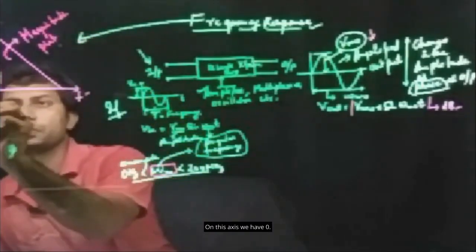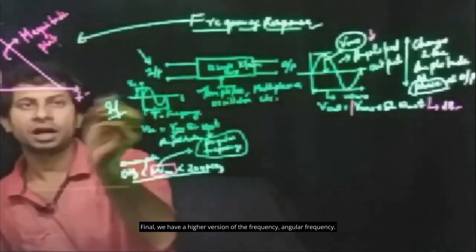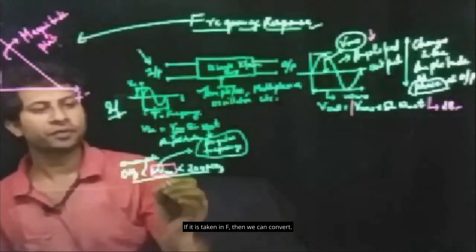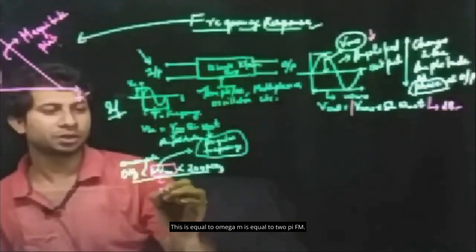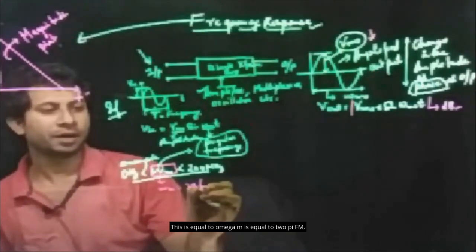On this axis we have 0 hertz, and at the end we have a higher value of the angular frequency. If it is taken in f, then we can convert this as omega m equal to 2 pi f m.